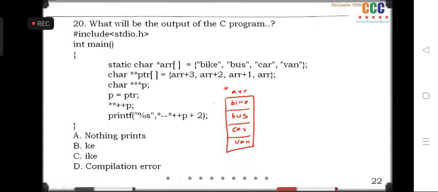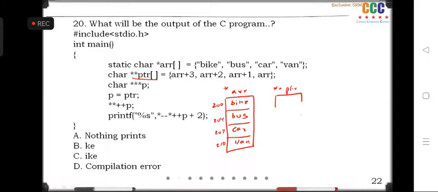Assume that this is at 200. 200, 1, 2, 3. This is 204, 5, 6, 207, 8, 9, 210. These are the addresses that I have with ARR. Now, PTR is the pointer to pointer, right? Now, this is what star star PTR.